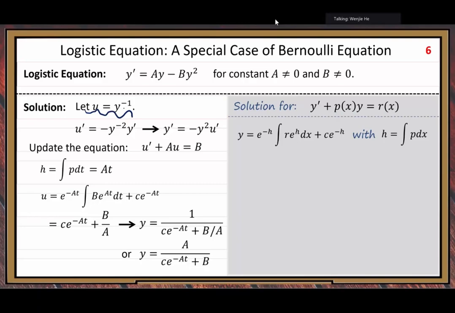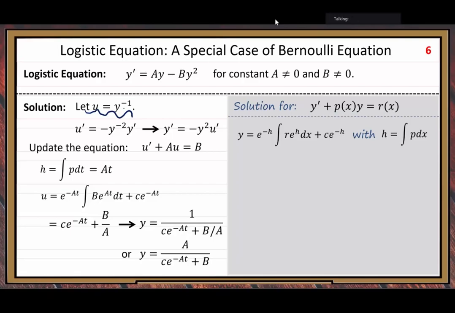But is it possible the denominator could be 0 at a certain t? Because t is a variable and C is a fixed constant. In a real-world application, A, B, C must be given. In that situation, is it possible for a certain t that this denominator becomes 0?